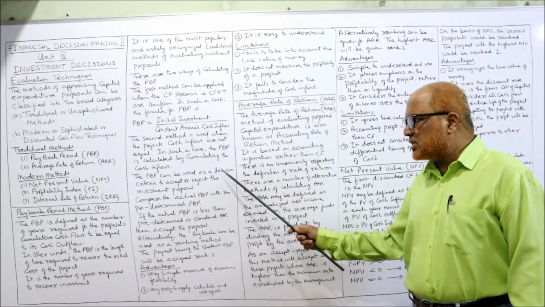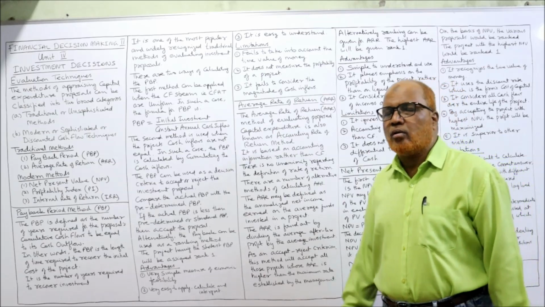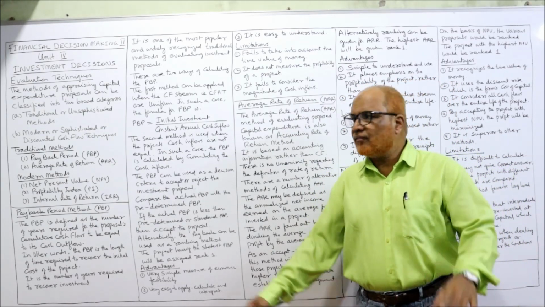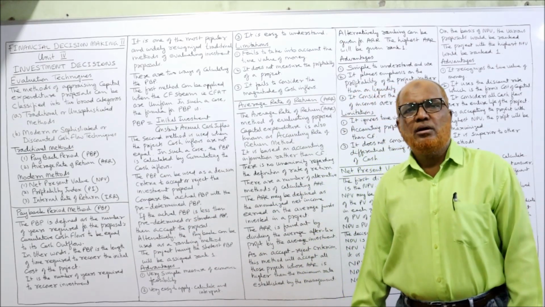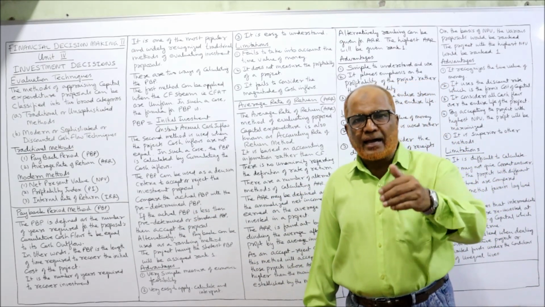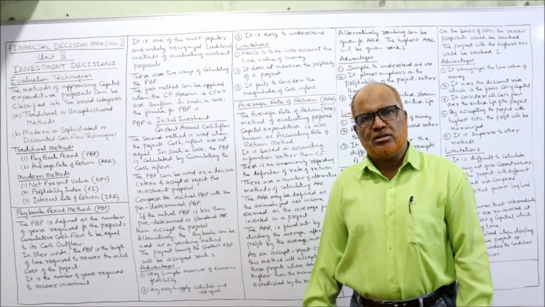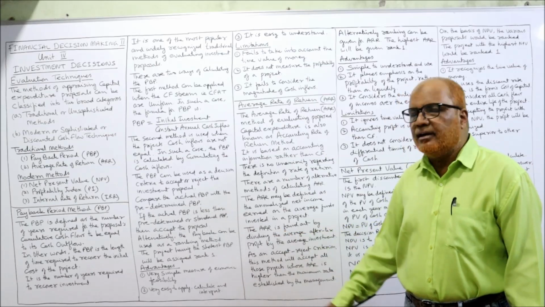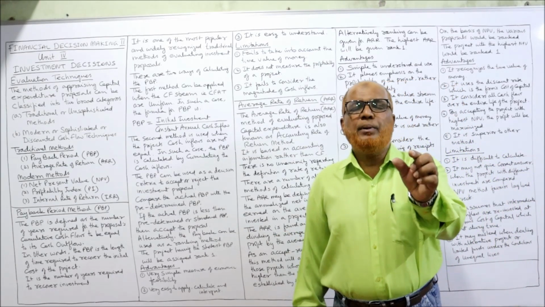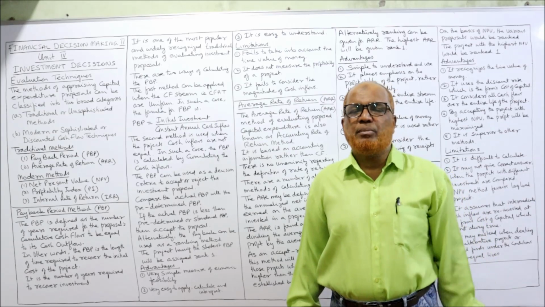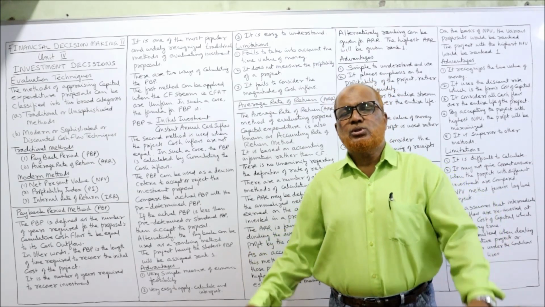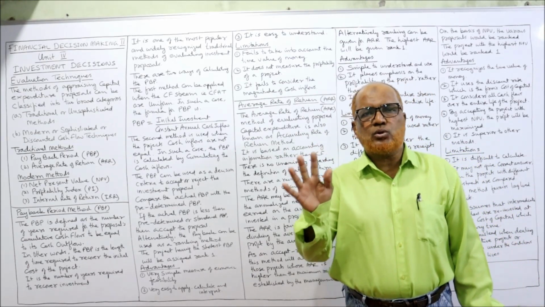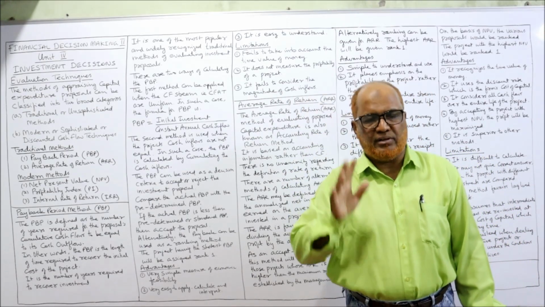The PBP can be used as a decision criterion to accept or reject an investment proposal. This technique of calculating PBP will be used to take the decision whether to accept or reject the proposal. How? We compare the actual PBP with the predetermined PBP. Predetermined PBP means standard PBP which is given by the management. Suppose the management says we will not accept any project whose PBP is more than 5 years.